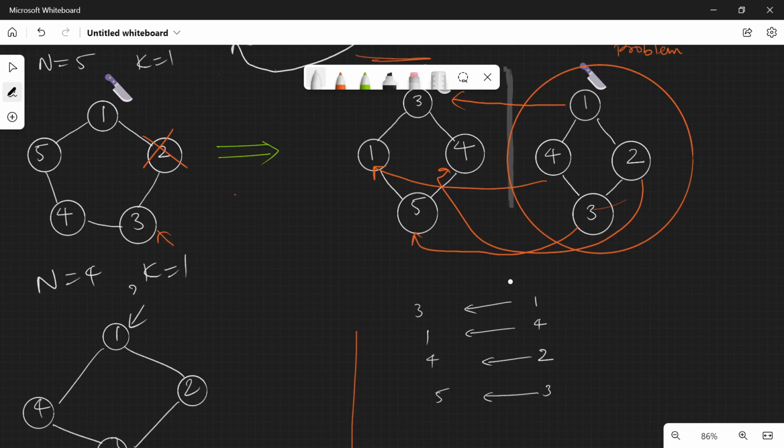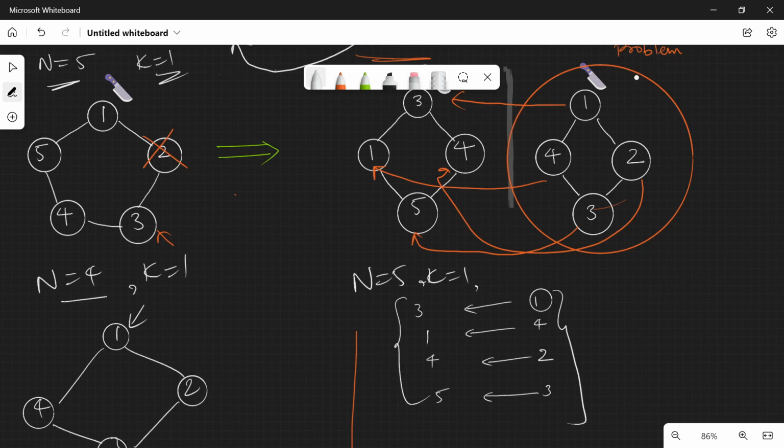So we are almost at the end of the problem. We have to find an equation which converts the RHS to LHS. Can you think of an equation? We have n is equal to 5 and k is equal to 1. You have to find an equation which converts the Josephus subproblem into the actual solution.